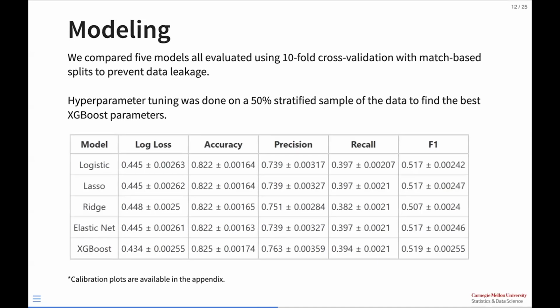And this is the average performance of all of the models that we ran. I know that this is a lot of numbers, but I just want to point out 2 things. We can see that across the board, the average accuracy score is about 82%, like 82.2, 82.5. But then we look at the recall, and we see that the recall is low, about 39.7, 39.4.